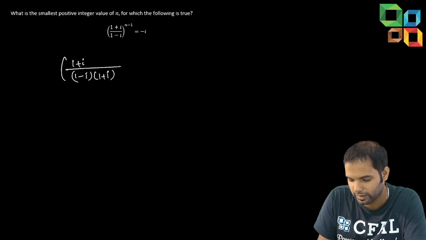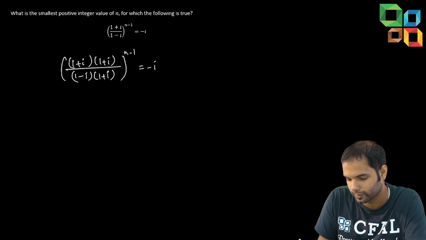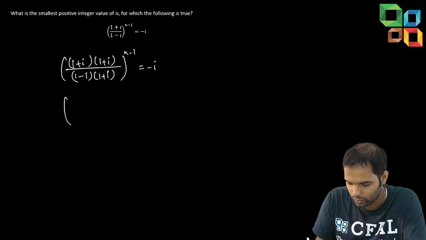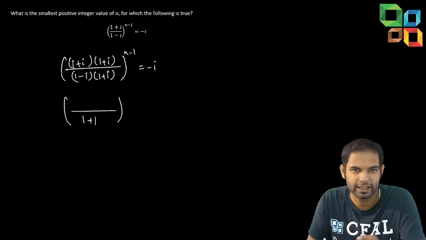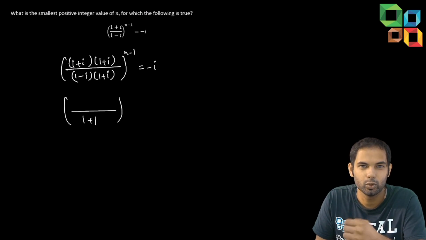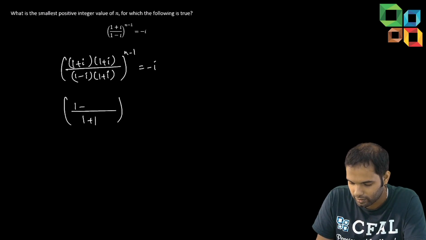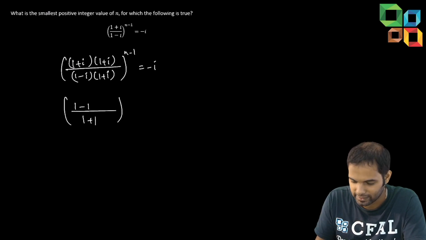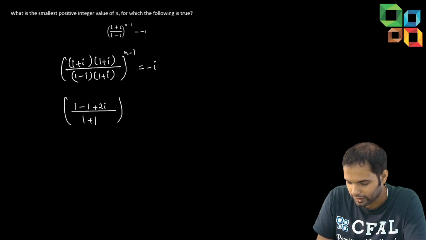So we can multiply with 1 plus i, this is 1 plus i, whole power n minus 1 is equal to minus 1. Inside, what will happen? Denominator is a square plus b square, which is 1 plus 1. Numerator, a plus b whole square: 1, plus i square, which is minus 1, plus 2i.